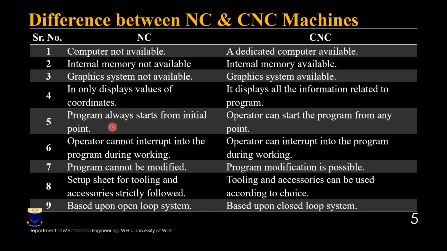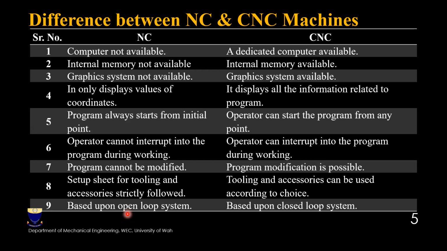An open loop system is a system in which you just feed the command to the machine and the machine works according to that program. So in case the program is wrong, the machine will carry out the instructions and follow them to complete the task, whether it is right or wrong.